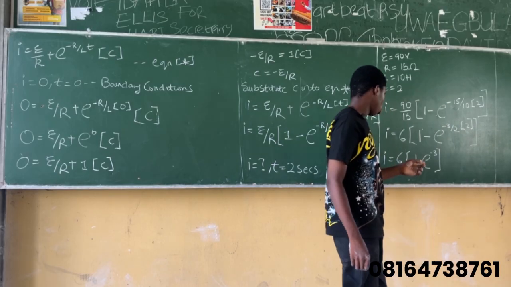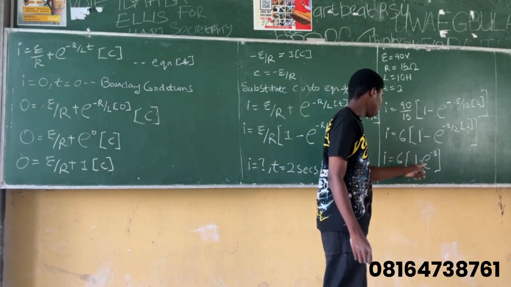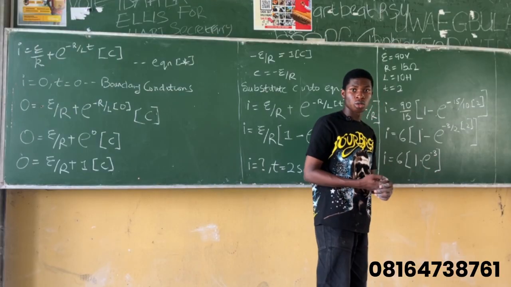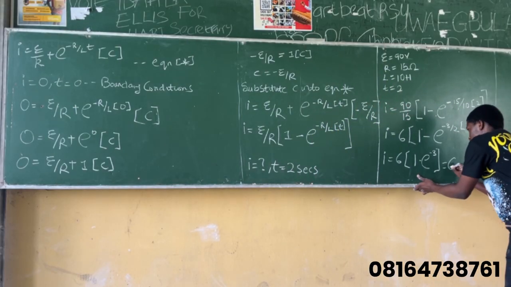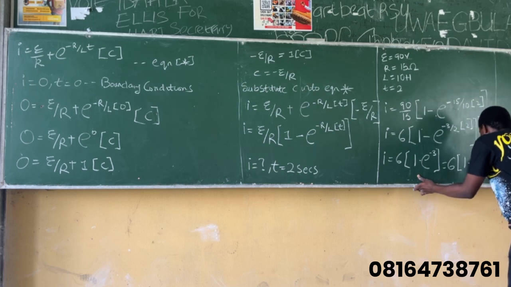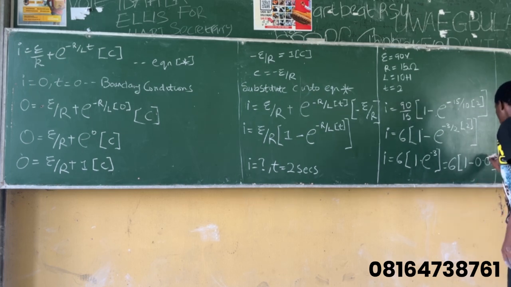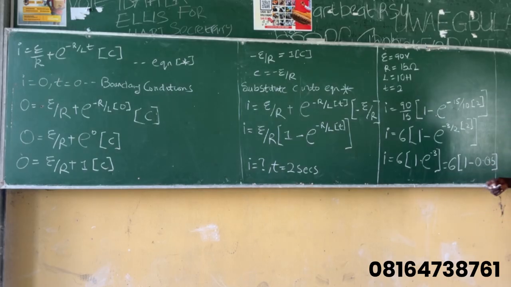From the question, we are given that e raised to power minus 3 is 0.05. So 6 times 1 minus 0.05. 1 minus 0.05 is 0.95.